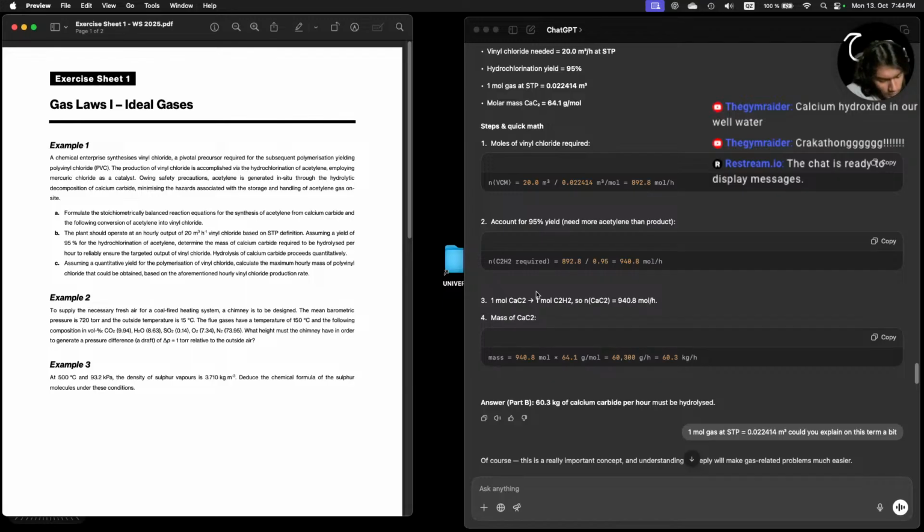Calcium carbide. Number of moles required is... I have to submit this assignment within 1 or 2 hours. God damn it, I am behind my schedule.